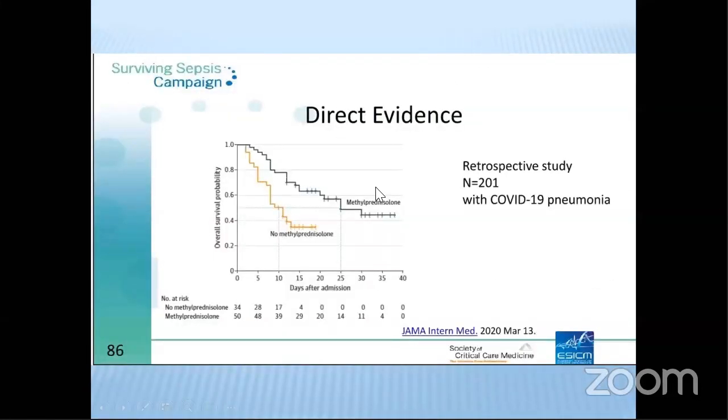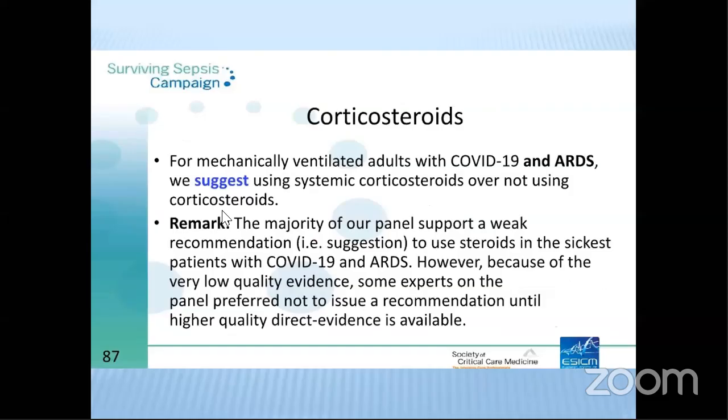This study was done in a few patients in China for COVID-19 patients. They found that if you give your patients steroids, the patients have a better survival rate. But this study was done on a small number of patients. So they recommend that we can give steroids for patients with COVID-19. Then we'll go to the consensus agreement.